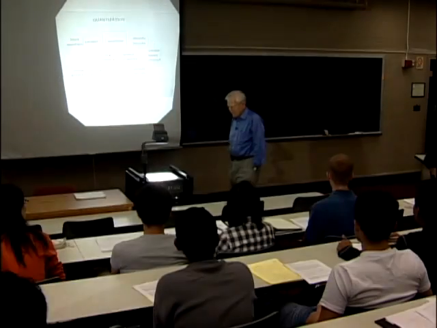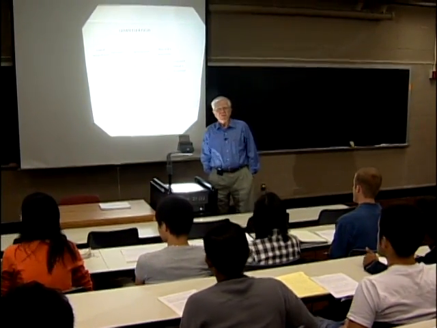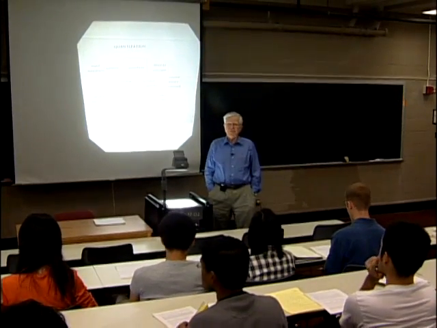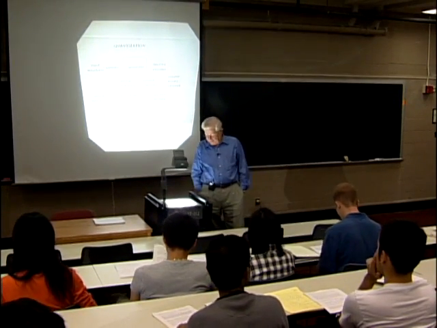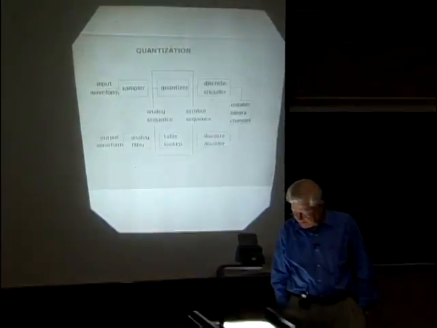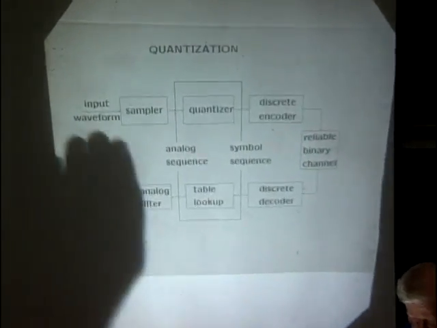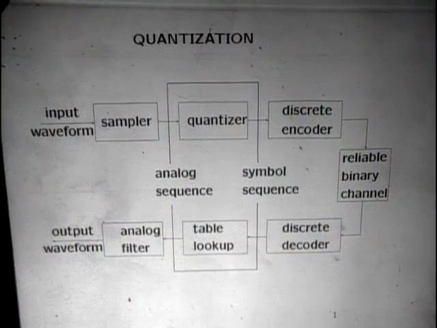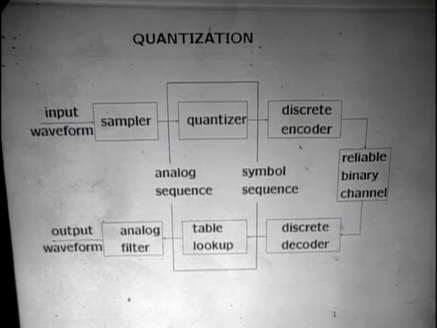Take up the topic of quantization. You remember we're talking about source coding in the first part of the course, channel coding in the last two-thirds of the course. Source coding is divided into three parts. If you have waveforms such as speech, you start out with a waveform.